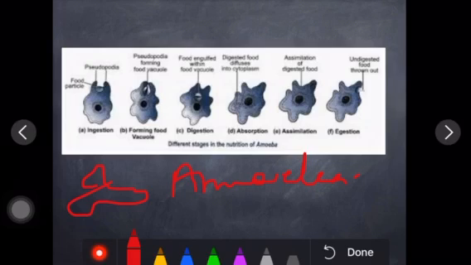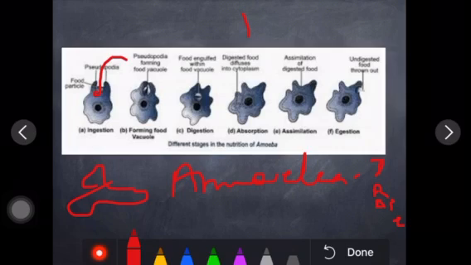We are discussing nutrition, meaning intake of food, so again we will go through the steps we just discussed: ingestion, how they take the food, then digestion, then absorption, then assimilation, and then egestion. One by one we'll discuss all these steps.